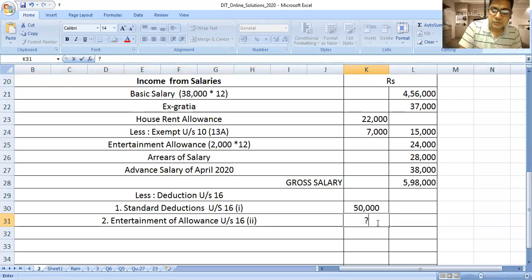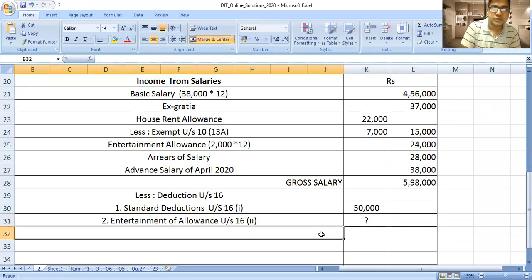Can you find out the entertainment allowance deduction? How much will we have to give?